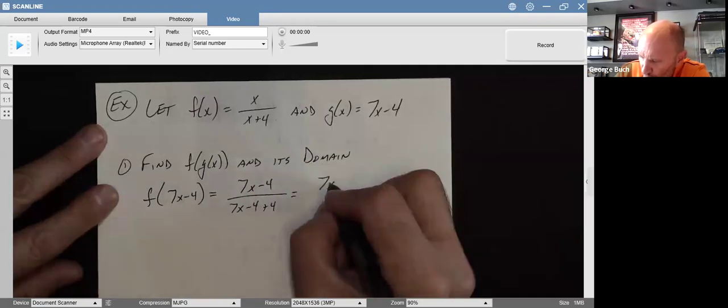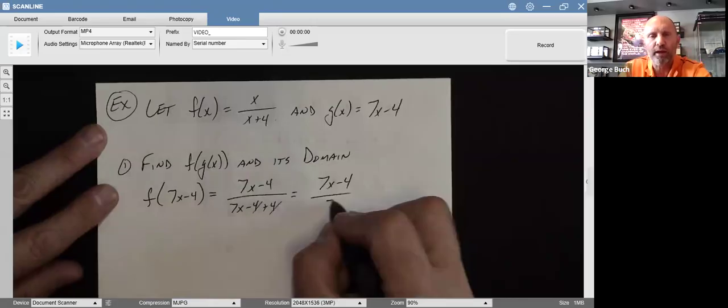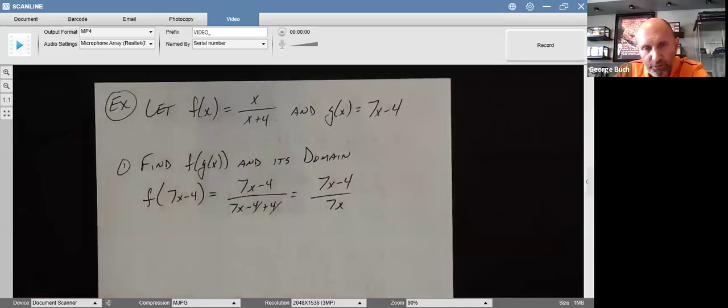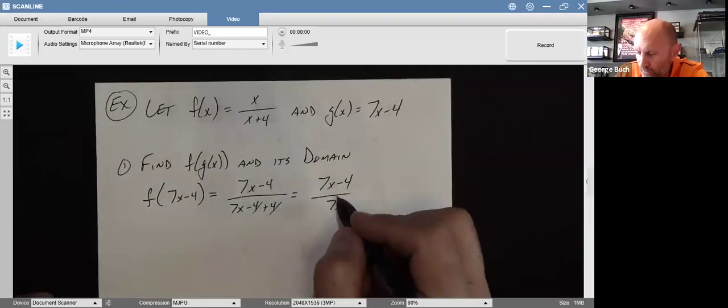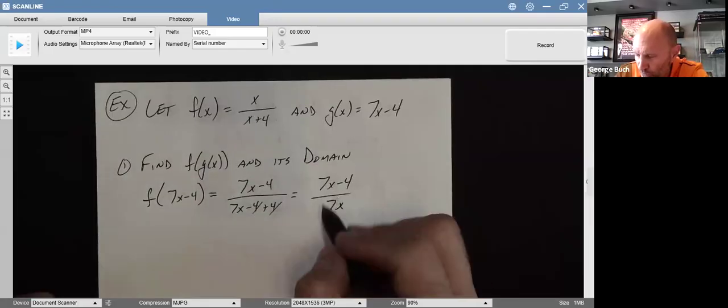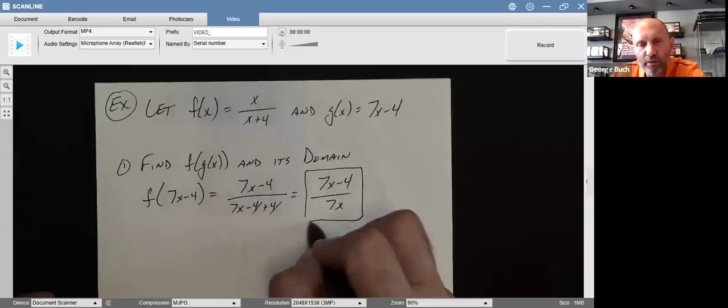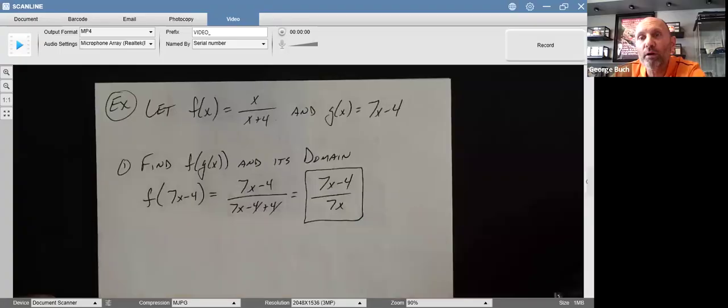The 4's cancel out, so just 7x in the denominator. Can I cancel the 7x's? No, I may not. Don't cancel your 2's. Don't cancel your 7x's. If I can't cancel 7x everywhere, that's it. That's the best I can do.